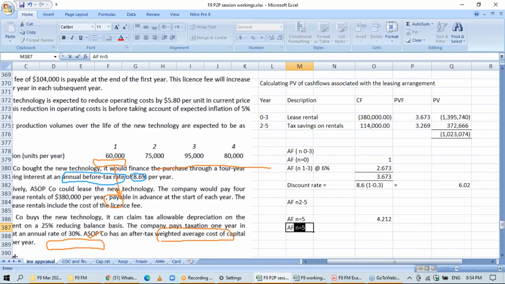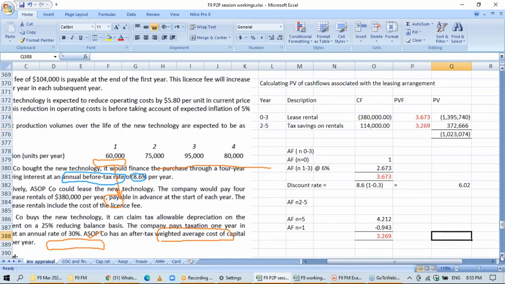So I will deduct the annuity fraction for the first year, n equals 1. I need to begin the annuity from year 2. So I will deduct n equals 1, and that's 0.943. So this gives you 3.269, which I have taken above. So this is how I get the annuity fractions. This can also be tested in an MCQ, so please be careful regarding these.